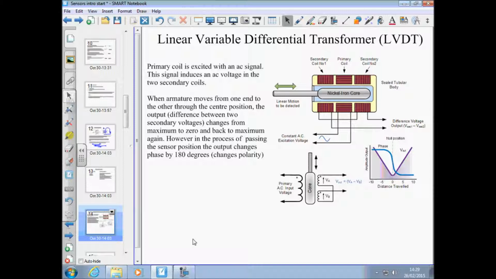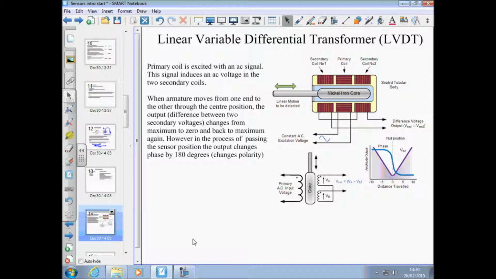So we've got some kind of linear motion of that iron core. Now, the way this works is you've got a primary winding which you excite with AC voltage at a particular frequency. I believe they're normally between about 1 and 10 kilohertz is the frequency used for these.